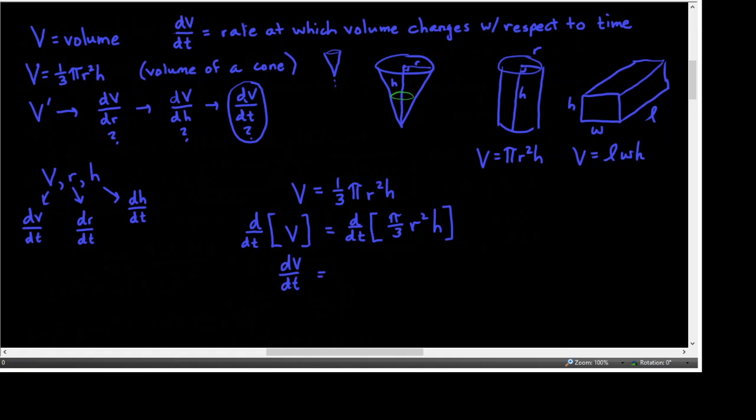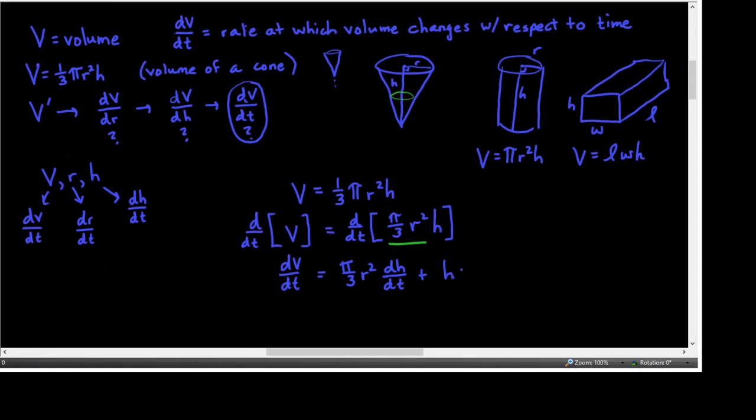On the right-hand side, that's a product, and I am going to think of the constant times r squared as the first function. I'll think of h as the second function. So using the product rule, that's going to be the first function times the derivative of the second one, and the derivative of h with respect to t is dh/dt, plus now the second function times the derivative of the first.